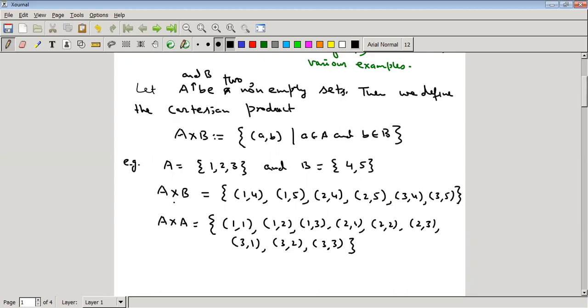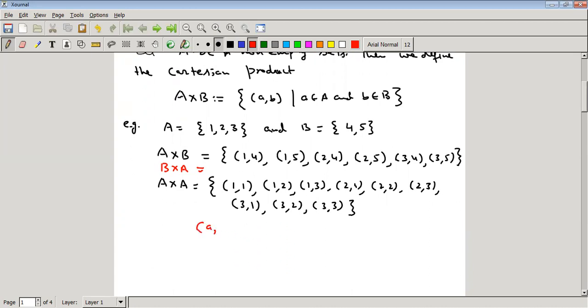Similarly, you can try B cross A, and B cross A is not equal to A cross B. You can check. Two ordered pairs (a, b) and (c, d) are equal if and only if a equals c and b equals d. So in A cross B you get (1, 4), and in B cross A you get (4, 1).